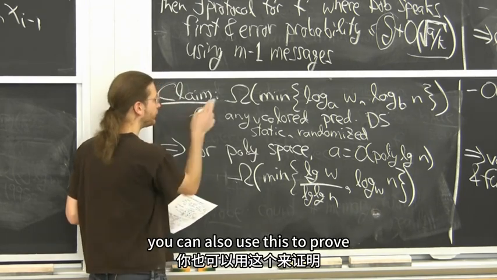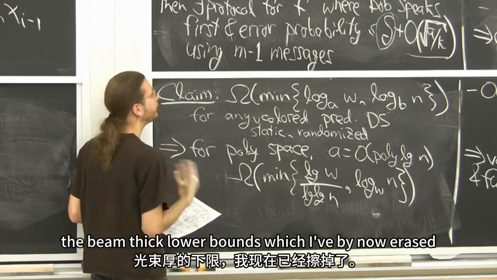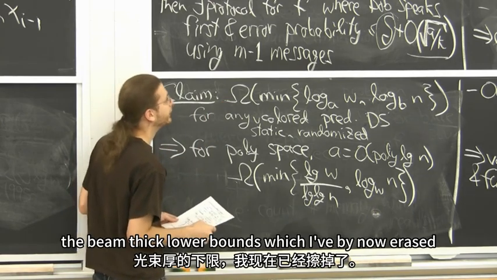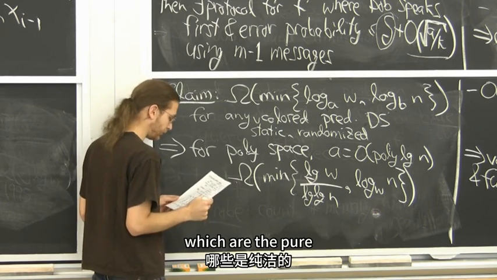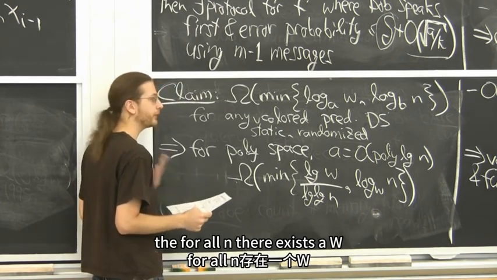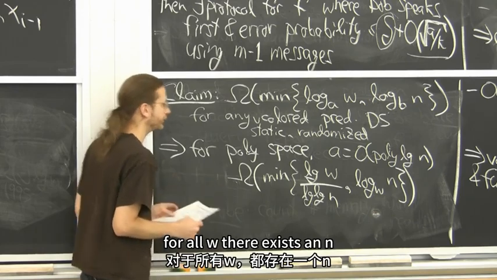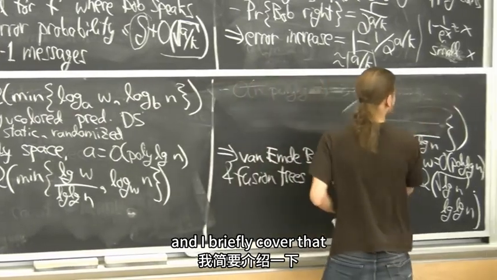You can also use this to prove the beam-thick lower bounds, which I've by now erased, which are the for all n there exists a W, for all W there exists an n. Why don't I briefly cover that?